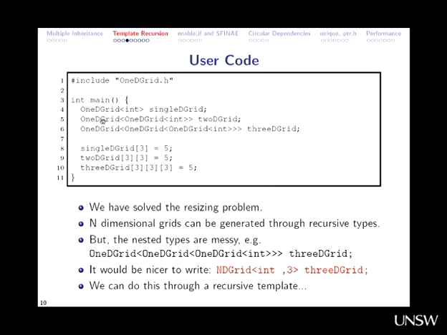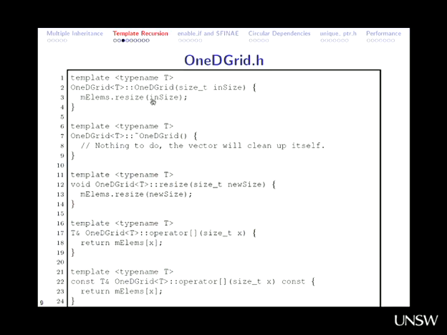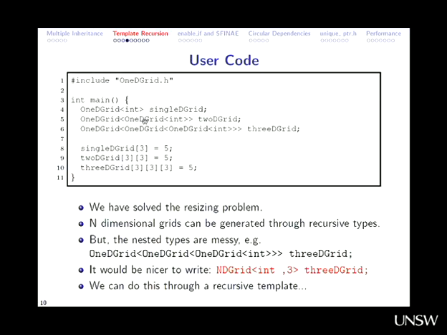So when we create the 1D grid of 1D grid of int, the first object it creates is a 1D grid of ints. So it creates one object there, that 2D grid object. Because of the call to resize here, it then creates 10 1D grid int objects.